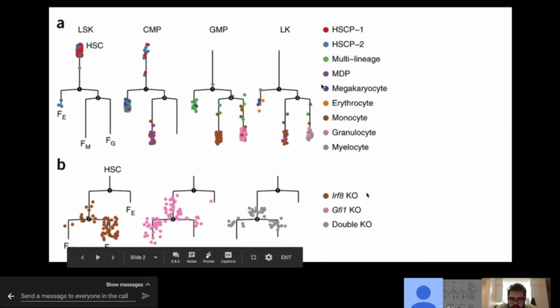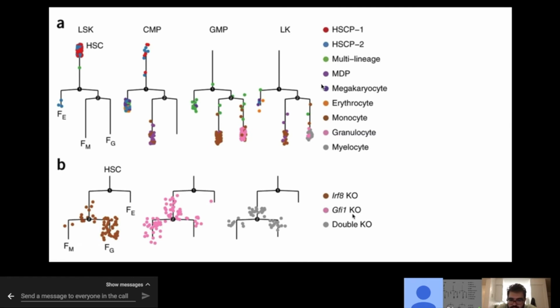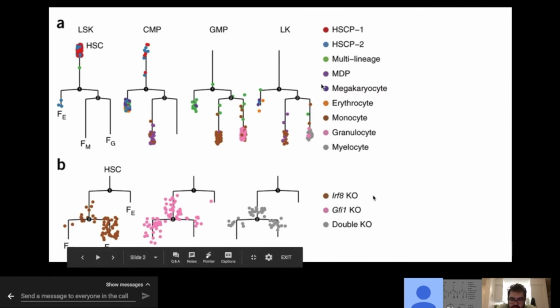I forget whether these are master switch regulators or what, but basically if you don't have these, you can't differentiate properly. So knock out IRF8, all the cells differentiate down to this cell type, whereas if you knock out GFI1, they tend to differentiate down to this cell type, and then if you knock out both, they're sort of unable to switch into each progenitor.